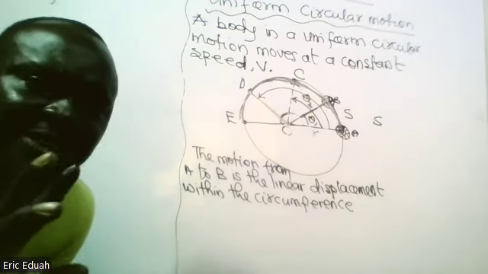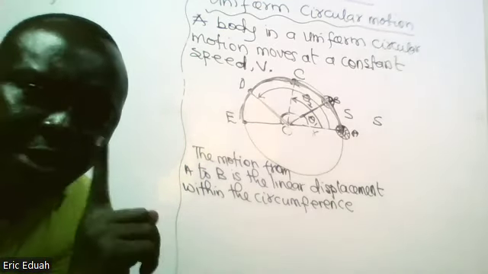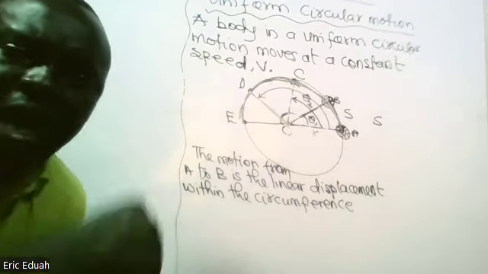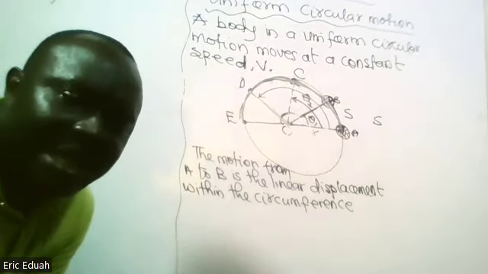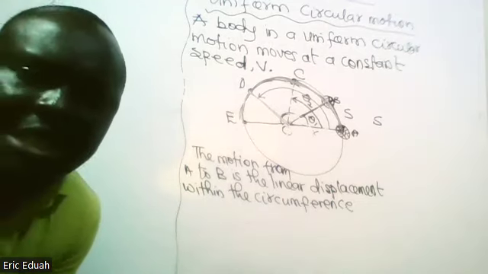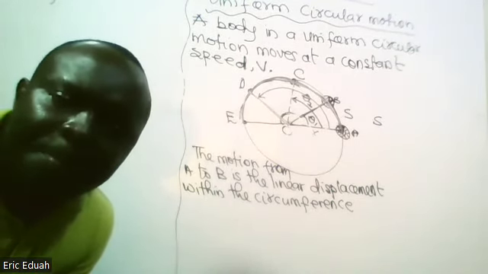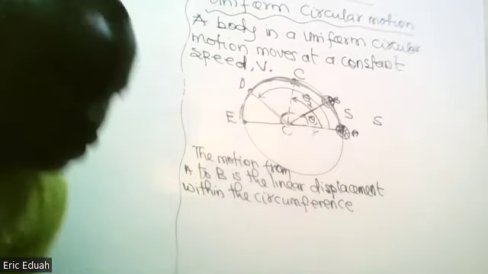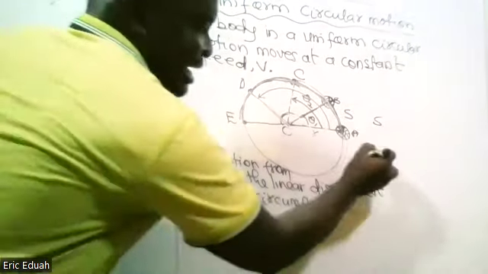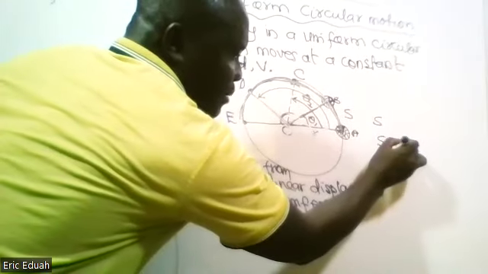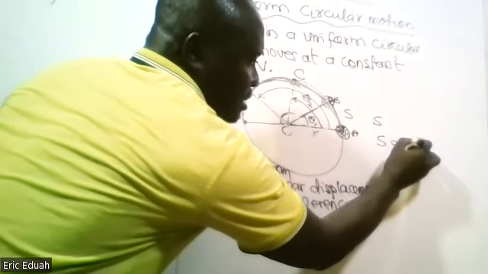And mathematically, what is the name given to such a relationship, where as one quantity increases, the other also increases? Direct proportionality. Good. So we realize that S is directly proportional to theta.